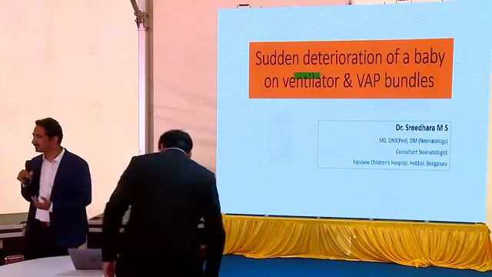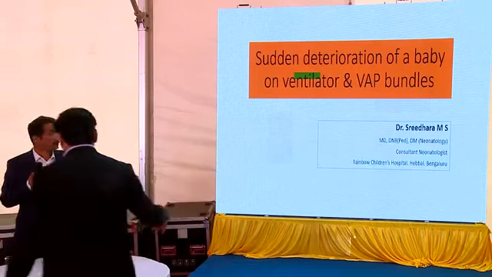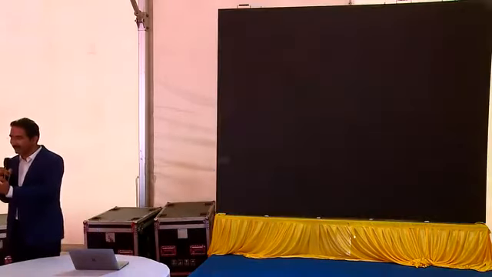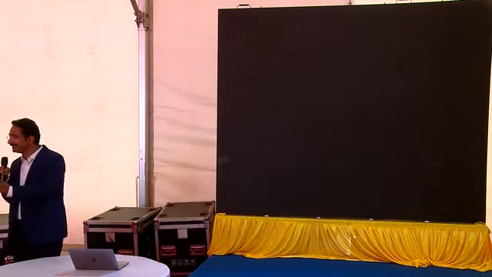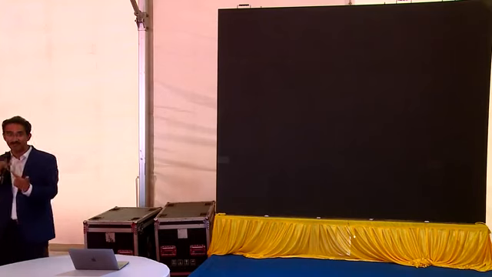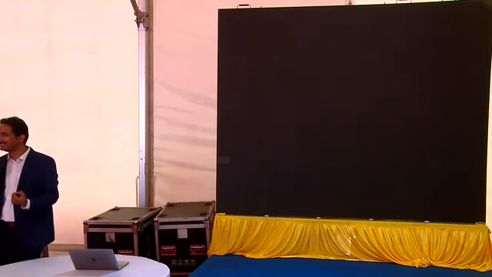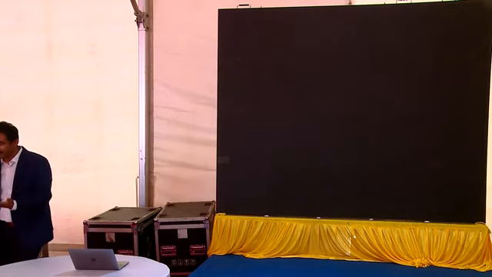So what would you do next? Okay, check for air entry, she says. Excellent. He wants to check for hypoglycemia, hypothermia. Okay. Anything else? Good. We are on track. Okay.